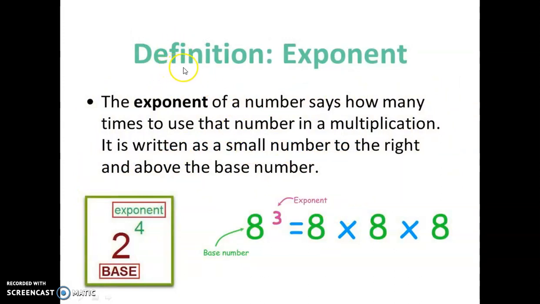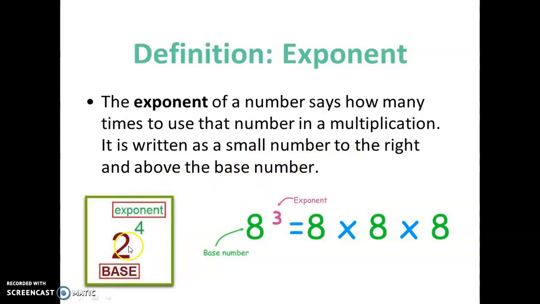We now study in detail the definition of exponent. The exponent of a natural number says how many times to use the number in a multiplication. It is written as a small number to the right and above the base number.